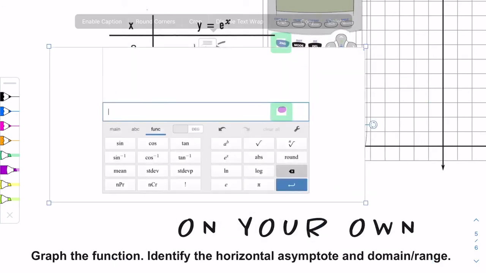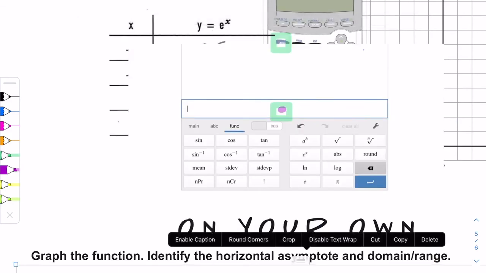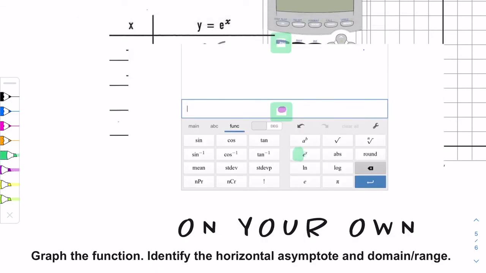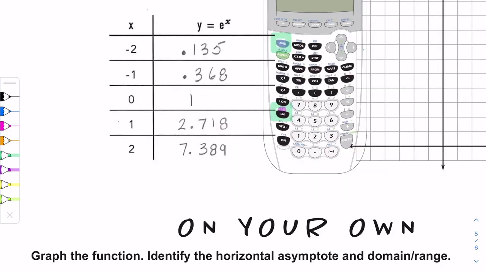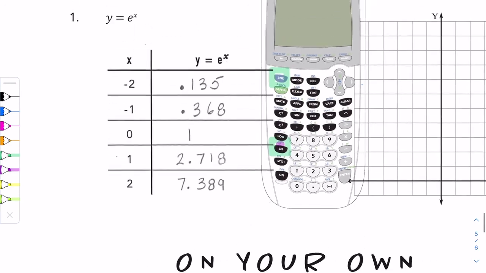Okay, so on this calculator, the number e is found right here. So you have to select function, and then right there where I highlighted, e raised to the power of x. So that's where it is on desmos.com/scientific. So whatever calculator you have, there are multiple different ways to insert the number e. If you have a question or need help on it, I can help you out.